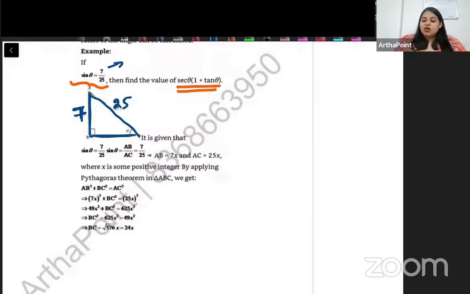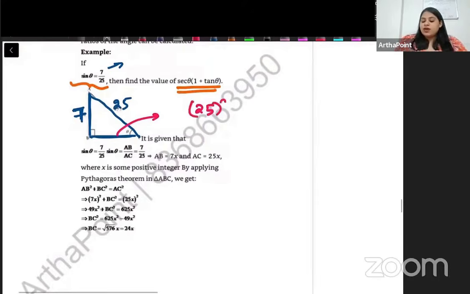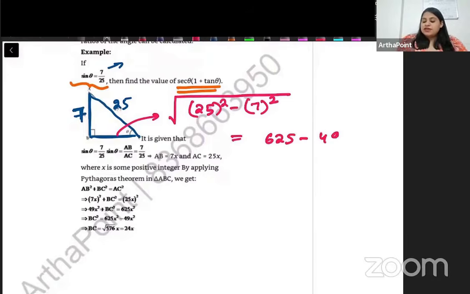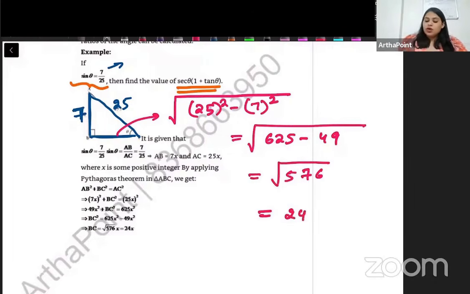You can use Pythagoras theorem and you would know that this is the square root of 25 squared minus 7 squared. So this should be root of 625 minus 49, which is root 576. So this should be 24.